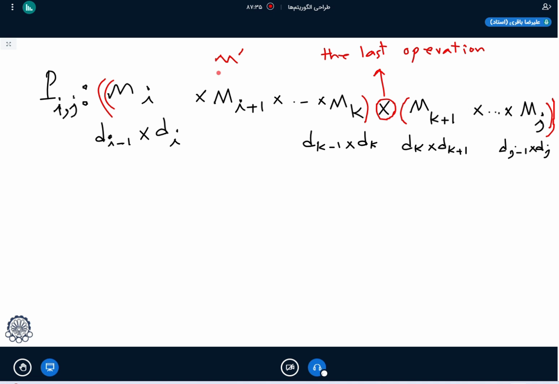This matrix has what dimension? As I said before, when we are multiplying some matrices, the middle dimensions are omitted, and at last, the first dimension and the last dimension remain.